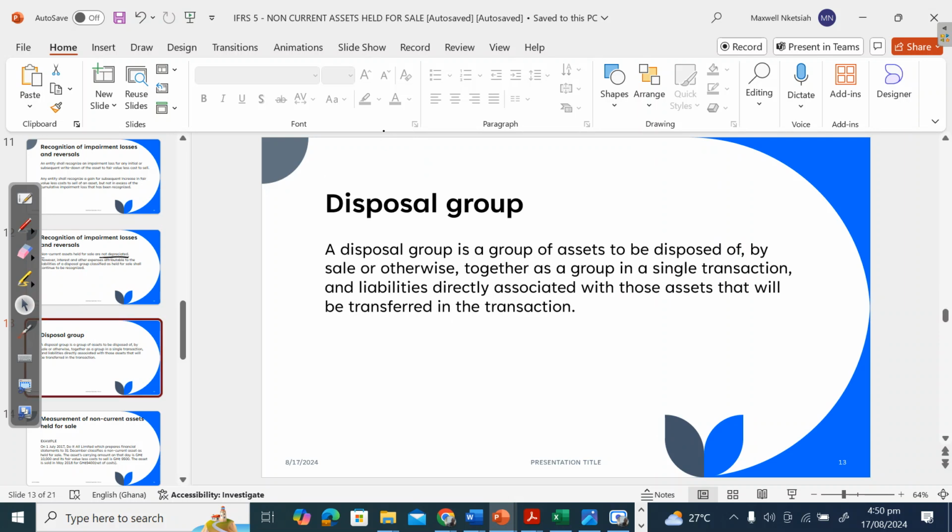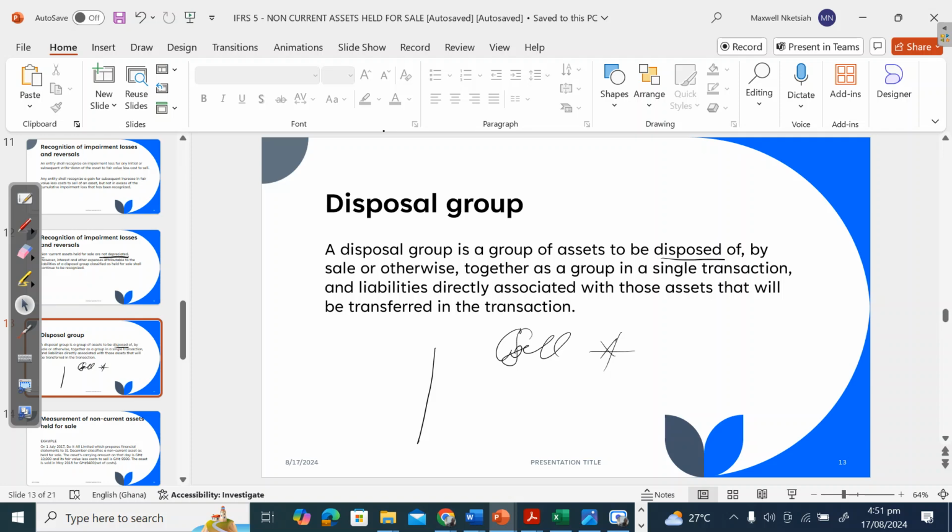Okay, so let's look at a disposal group. A disposal group is a group of assets that we want to dispose of. Whichever means we want to use is up to the company. The company can decide to sell it or maybe throw them away.